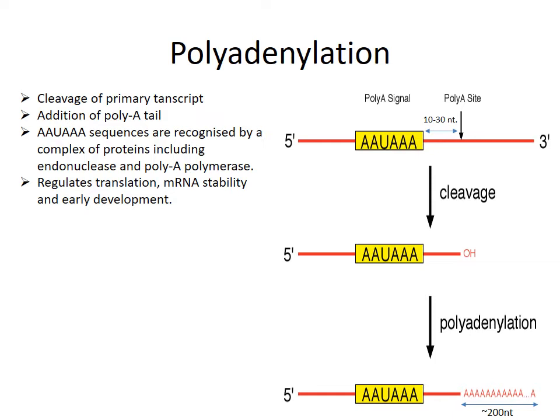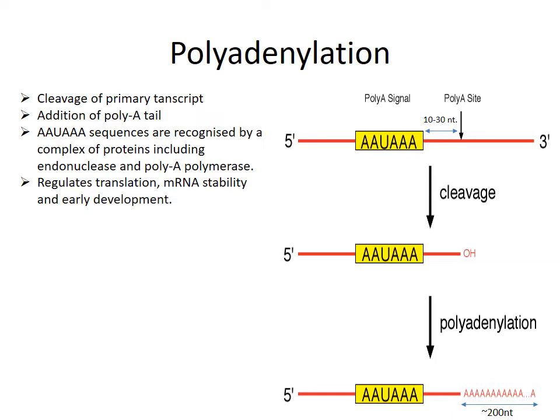So what actually happens in this process is that first the primary transcript is cleaved with the help of an enzyme known as endonuclease. Then the enzyme poly A polymerase comes into play, and it adds a poly A tail to this mRNA.